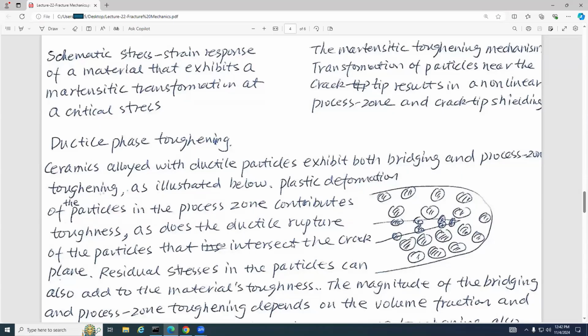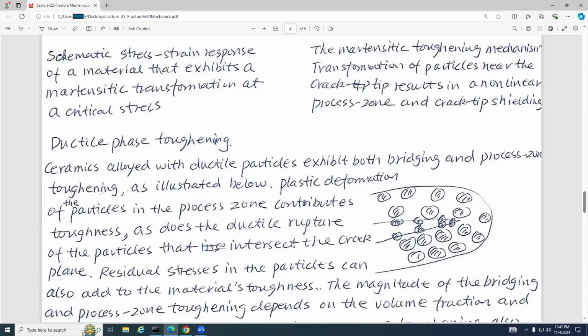Plastic deformation of the particles in the process zone contributes to toughness, as does the ductile rupture of the particles that intersect the crack plane. Residual stress in the particles can also add to the material's toughness.